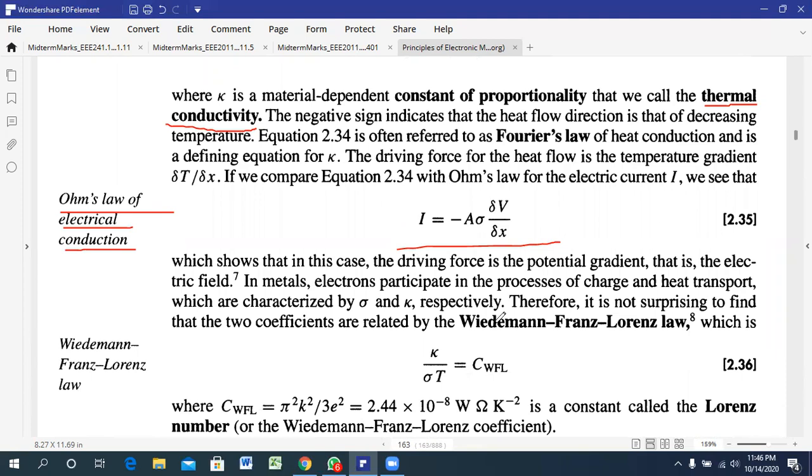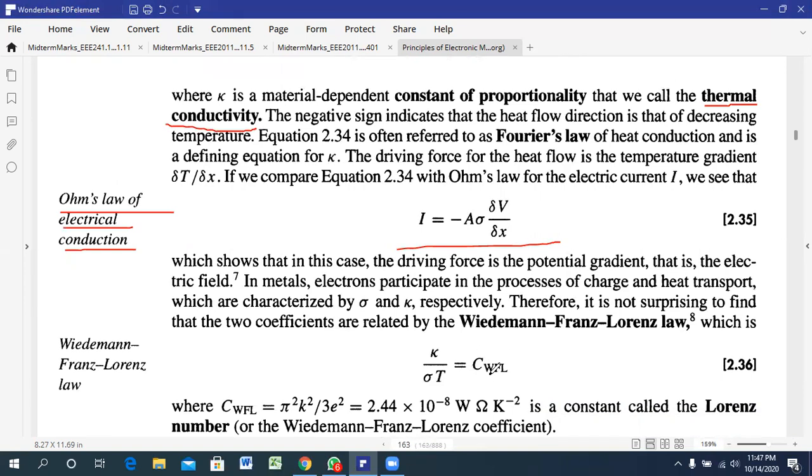Now we can compare the relationship between these two equations, that is 2.35 and 2.34, by another formula. That one is known as the Wiedemann-Franz-Lorenz law, and that is chi over sigma T equals C_WFL.